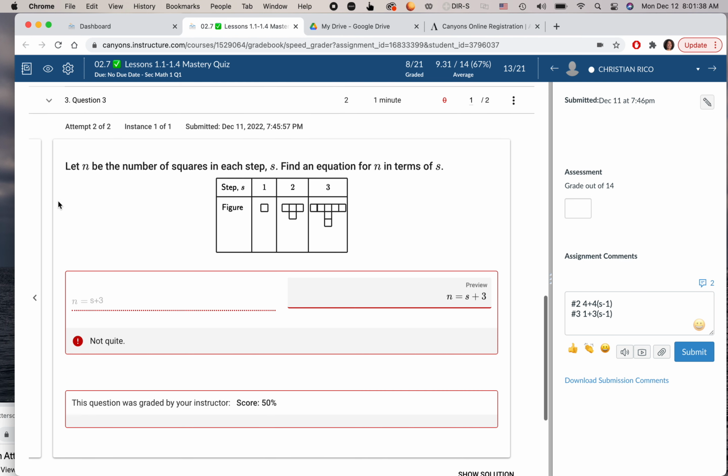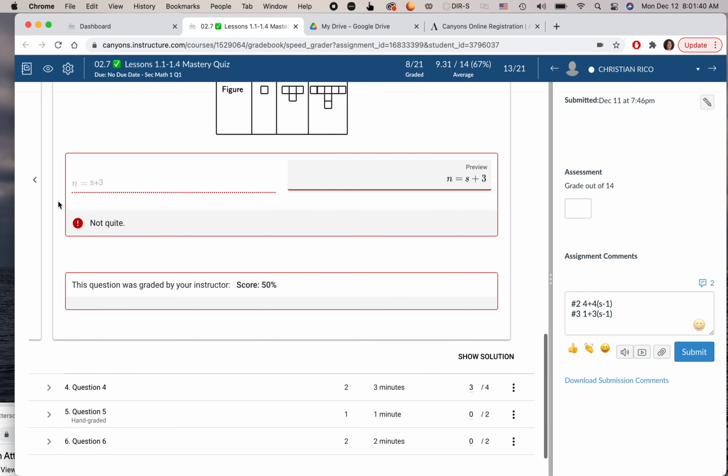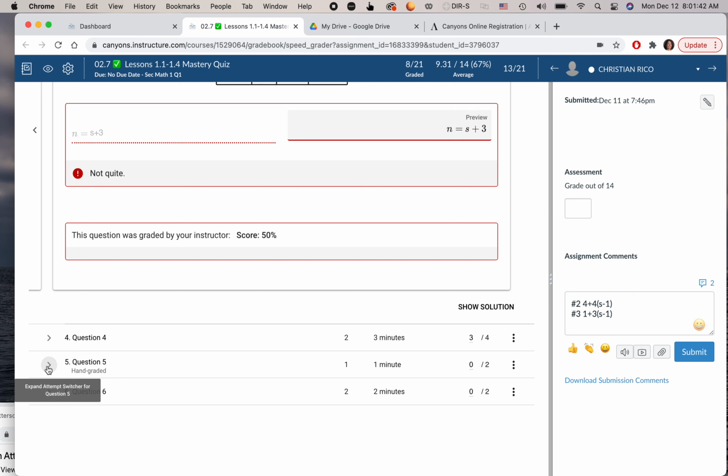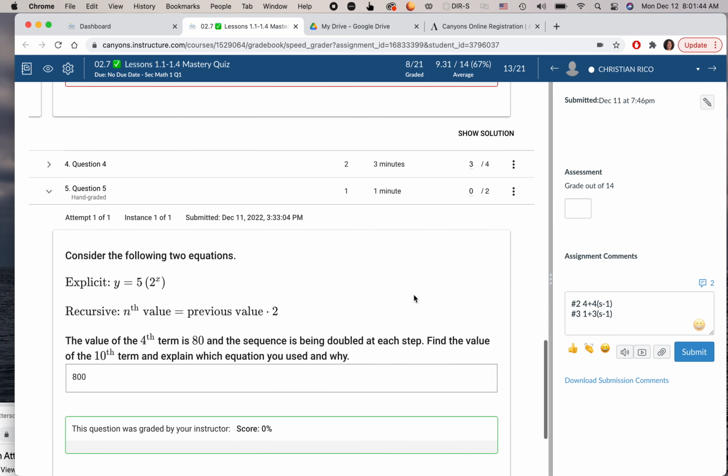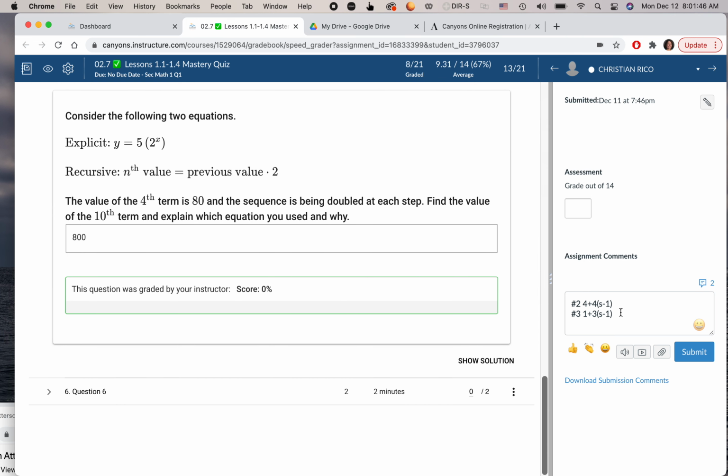On number 5, they just want you to use one of the formulas. The first formula says that it starts with 5 and then it multiplies by 2 to get to the next term and so on.